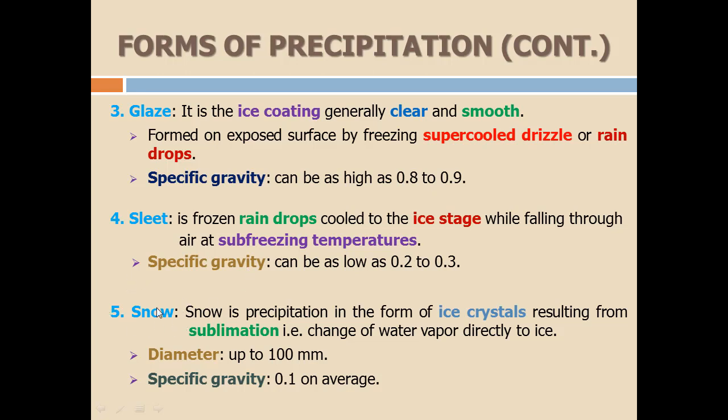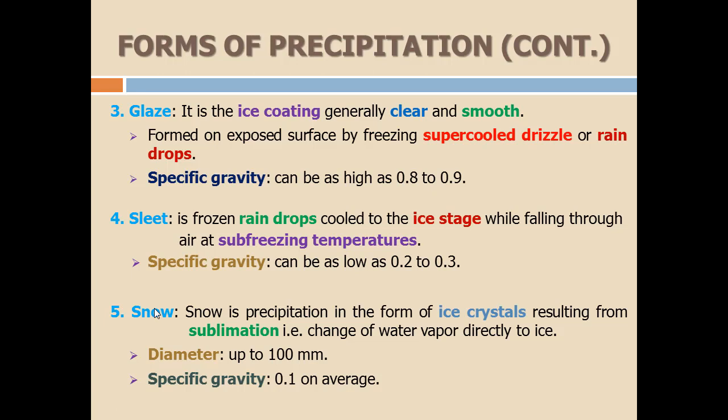Snow, another form of precipitation, is snow. Snow is precipitation in the form of ice crystals resulting from sublimation. Sublimation is actually the change of water vapor directly to the ice stage. You may have seen snow in the northern areas of Pakistan.